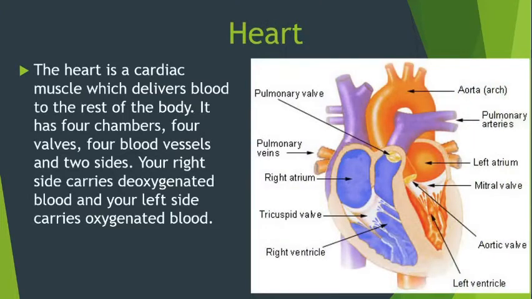Heart. The heart is a cardiac muscle which delivers blood to the rest of the body. It has 4 chambers, 4 valves, 4 blood vessels, and 2 sides. Your right side carries deoxygenated blood and your left side carries oxygenated blood.